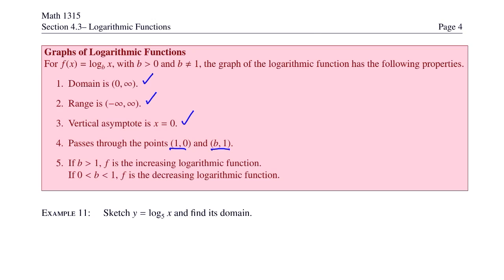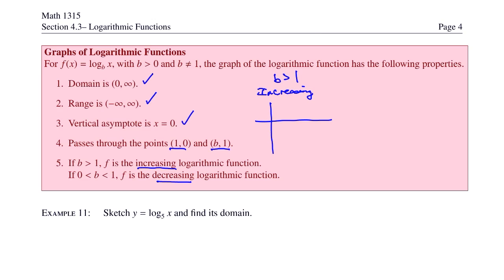And then we have a similar statement about the increasing or decreasing nature of the logarithmic graph. If the base is greater than 1, then it's increasing. If the base is between 0 and 1, then it is decreasing. Let's graph what those actually look like here on the side. We have two different graphs. If b is greater than 1, then that's the increasing graph, and it looks like the following.